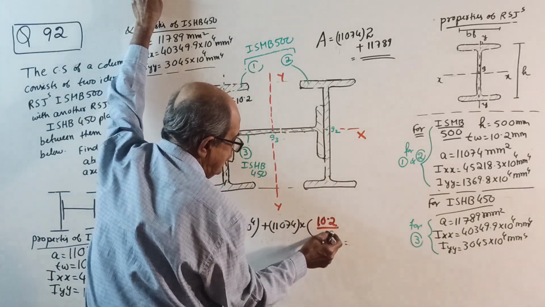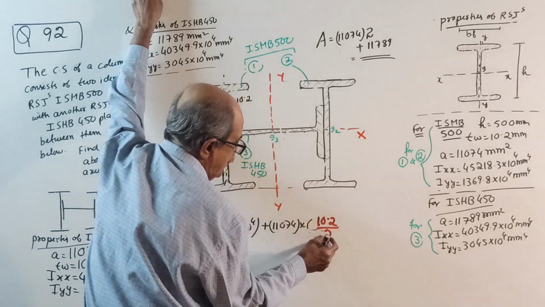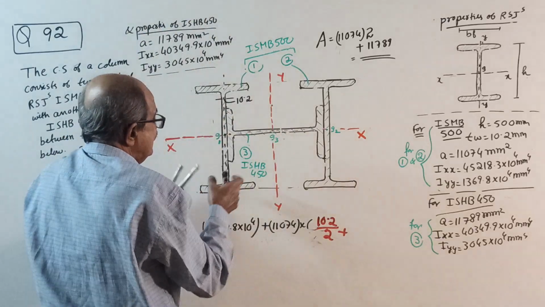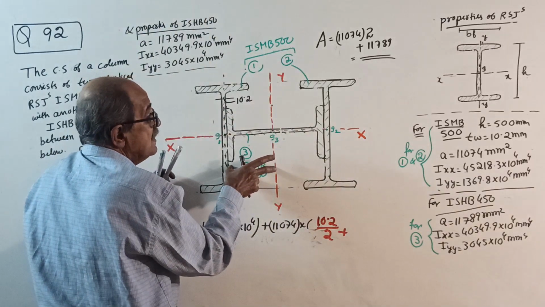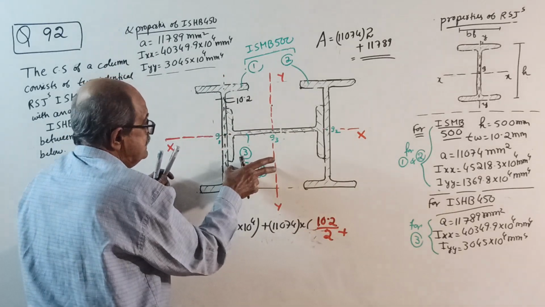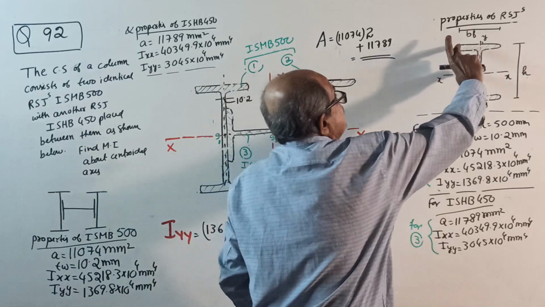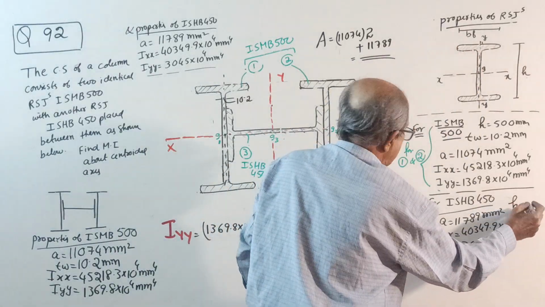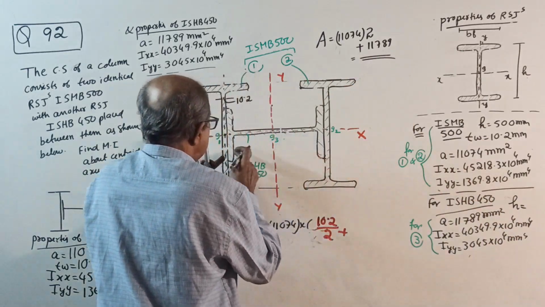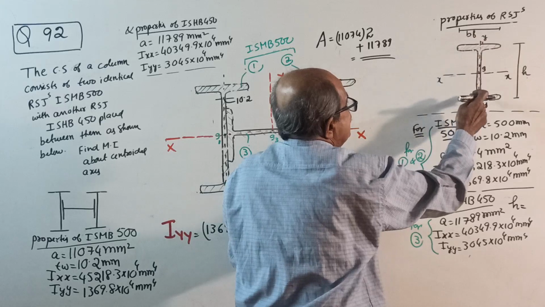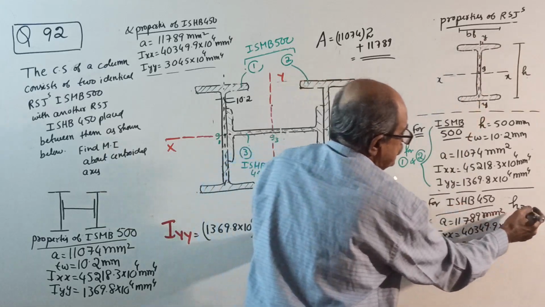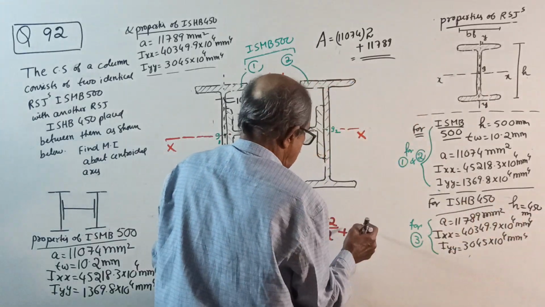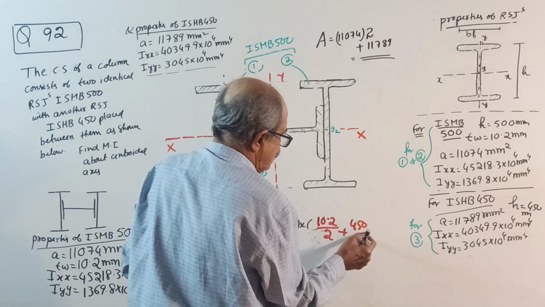This is very important. 10.2 by 2 plus, from here to here, this distance. For figure number 2, that distance is h, which is 450 mm. So plus 450 by 2. Why 450 by 2?